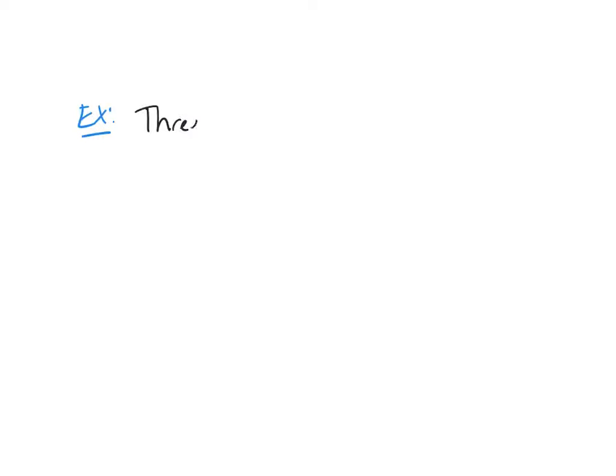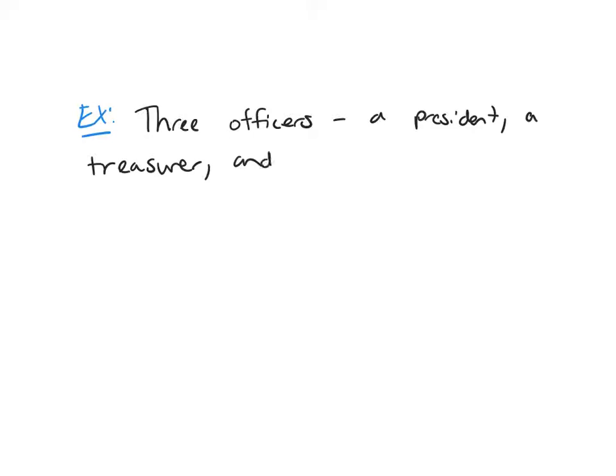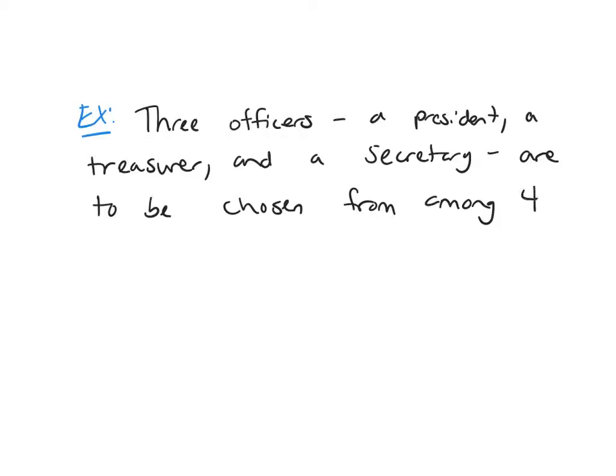I have 3 officers that need to be chosen, and those are going to be a president, a treasurer, and a secretary, to be chosen from among 4 people. Those 4 people are Ann, Bob, Sid, and Dan.